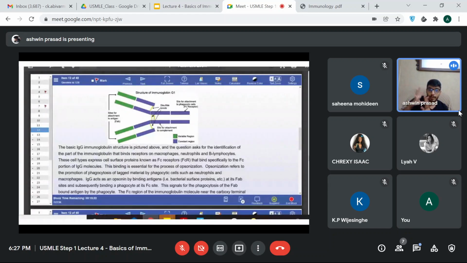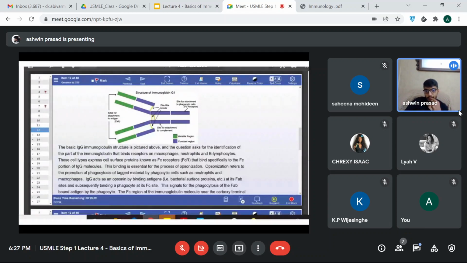These immunoglobulins usually bind to the pathogen at one end, and then the opposite end binds to another cell. So they bind using the region shown in green, the variable region, and then they bind to another cell using the constant region. And that cell secretes enzymes like granzymes, perforins, or lysozymes, and all those enzymes kill the pathogen. So it binds to the pathogen from one end, the green end, and binds to the cell responsible for the killing with the other end.